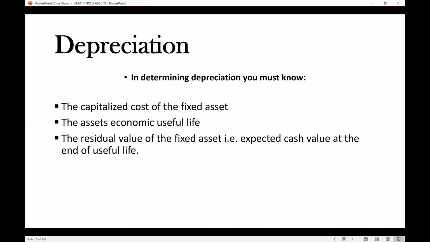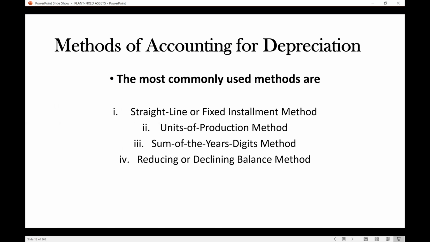And in doing depreciation using any of the methods, these are the three basic pieces of information you must have. You might need other information for some methods, but these three are common to all the methods that we discussed just now.